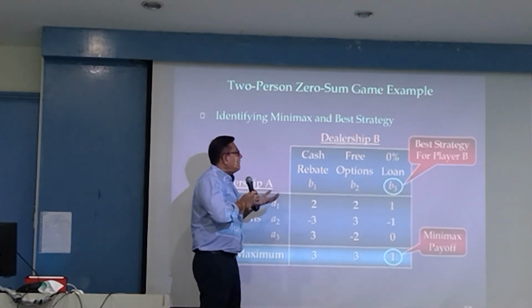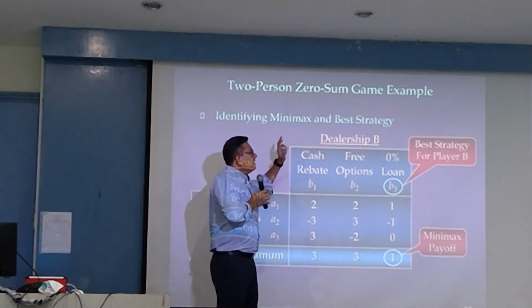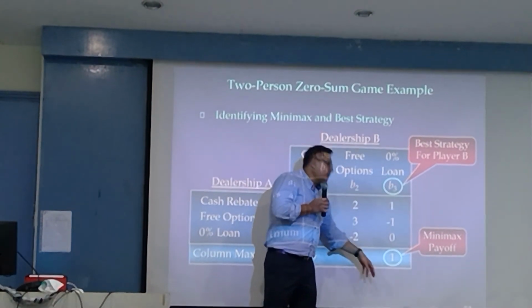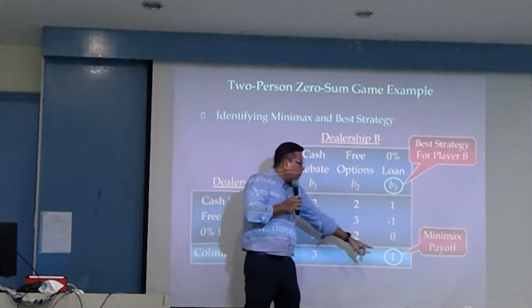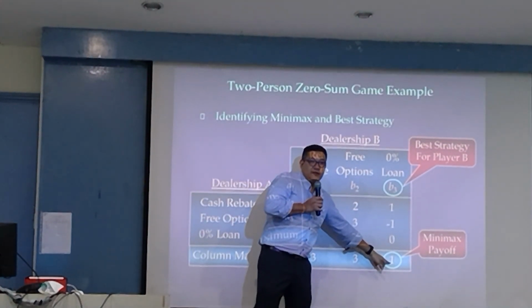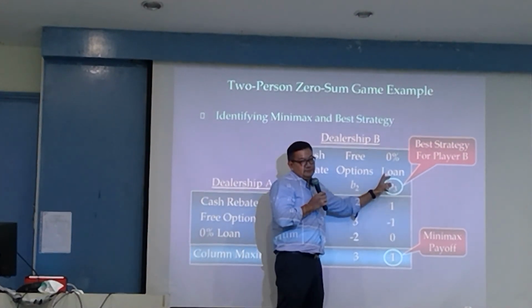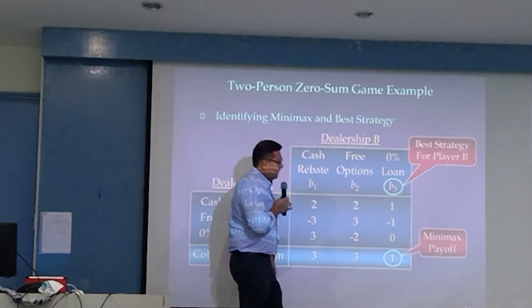In conclusion, if company B selects strategy B3, they can guarantee they will lose at most 1%. So this is the best strategy for B.